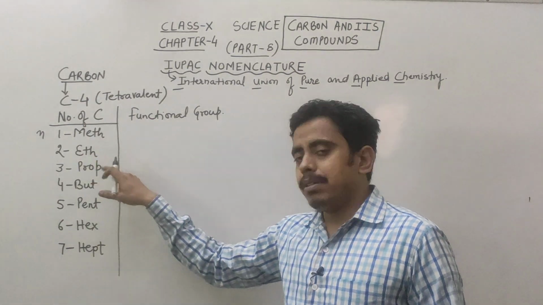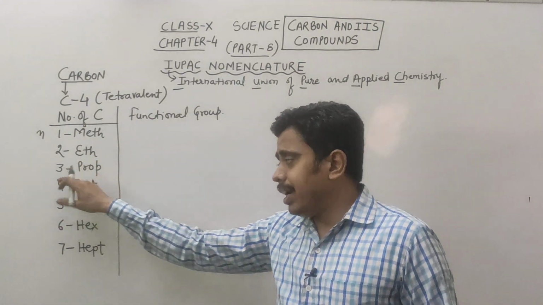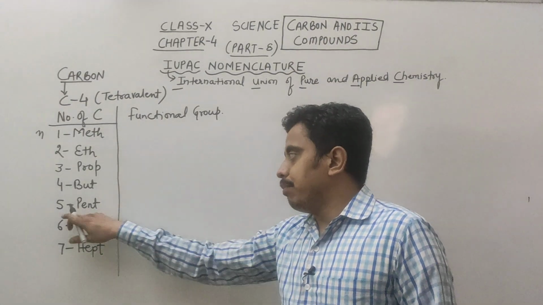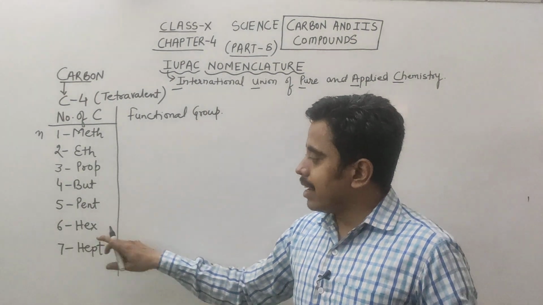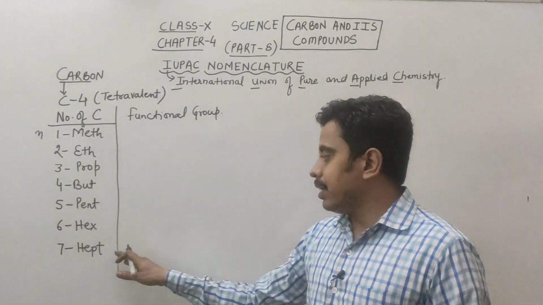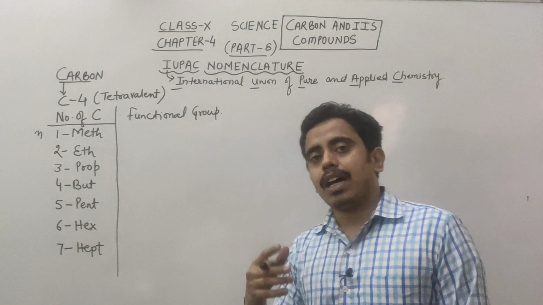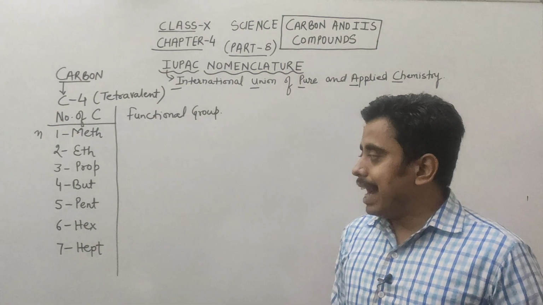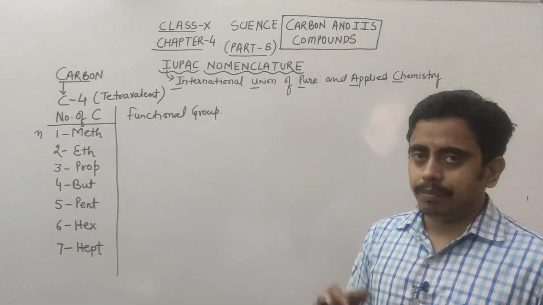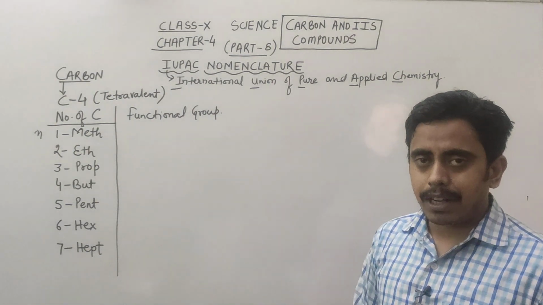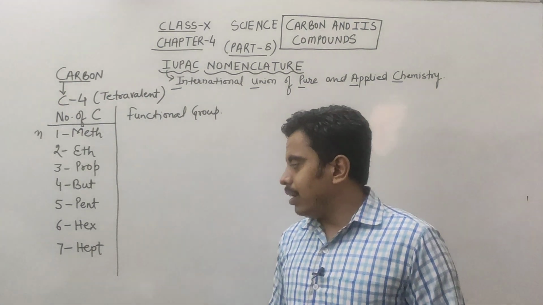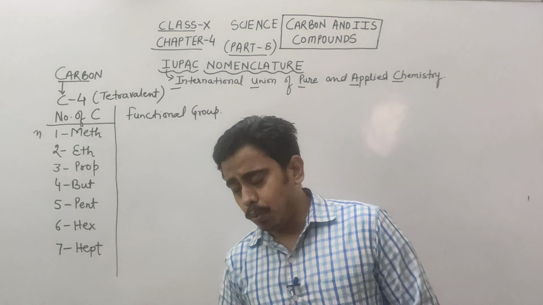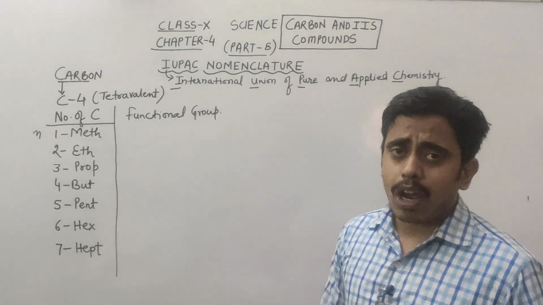Similarly, 2 carbon atoms is eth, 3 is prop, 4 is but, 5 is pent, 6 is hex, 7 is hept, 8 is oct, 9 is non, and 10 is dec, and so on. There is a long chain of carbon atoms, but at your level, you must know only 7 to 8 names of the carbon chain.